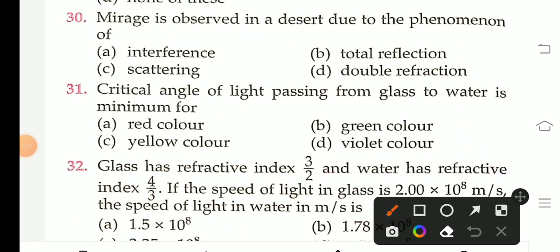Next, mirage is observed in a desert due to the phenomenon of... Right answer option B, total reflection. Next, critical angle of light passing from glass to water is minimum for... Right answer option D, violet color.